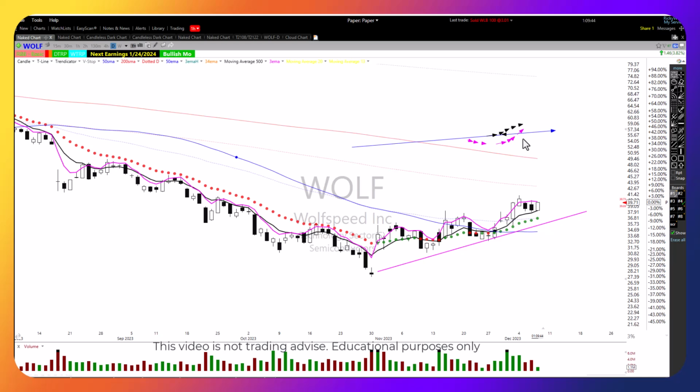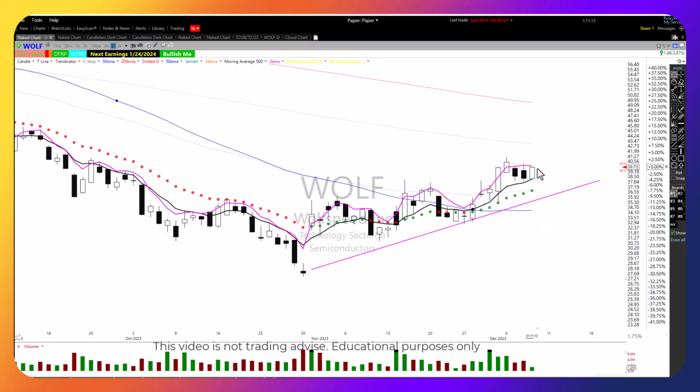It is trapped between the 3 and the 8. But I don't want price down here. I want price up here. I want price bullish. I don't want price bearish and begging for forgiveness. That's all that is to me. I want price bullish and resting, like this wolf right here. I think that's a pretty nice chart on wolf. Okay, so this is a 3/8 trap to me.